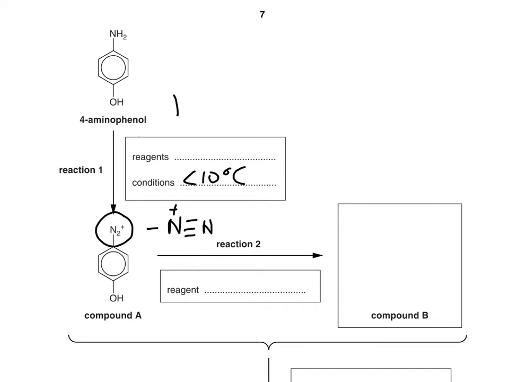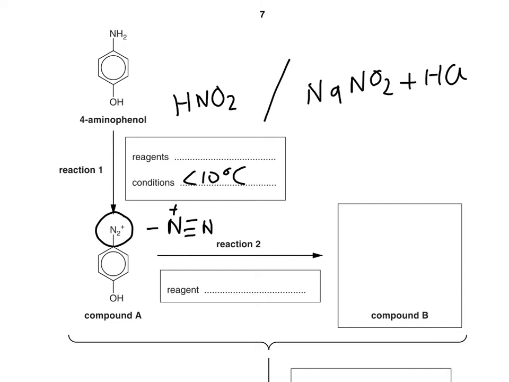You can either start off with nitrous acid, which is HNO2, or sodium nitrite and hydrochloric acid, which is how you make the nitrous acid. So nitrous acid isn't stable. We have to make it in the lab first of all. Okay, so either of those will give the answer.